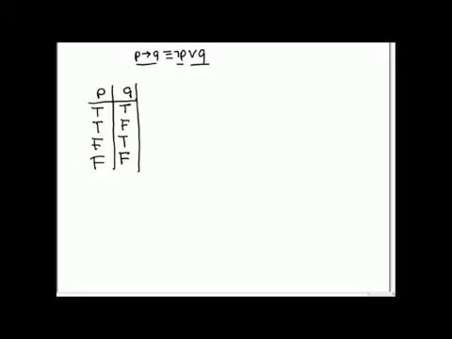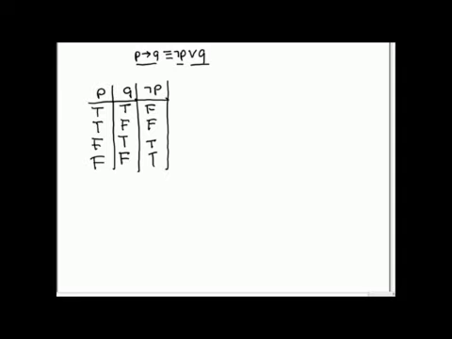Next, we have to define not P to know the truth value of not P. So if it's not P, then it's false because P is true, false because P is true, true because P is false, true because P is false.